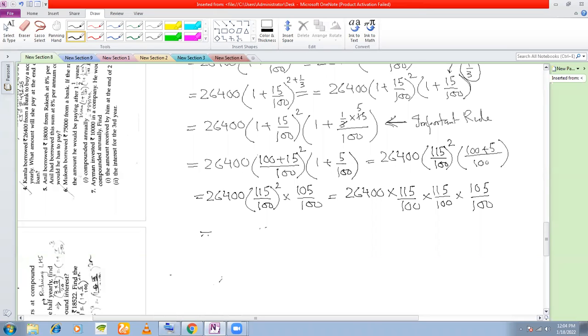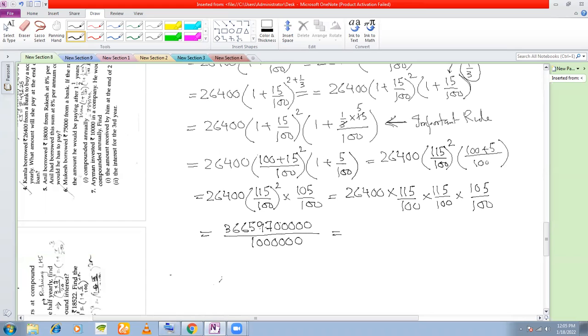Now you multiply everything in the numerator. If you multiply, you get 366,597, with 5 zeros in the numerator, and in the denominator you have 6 zeros, right?